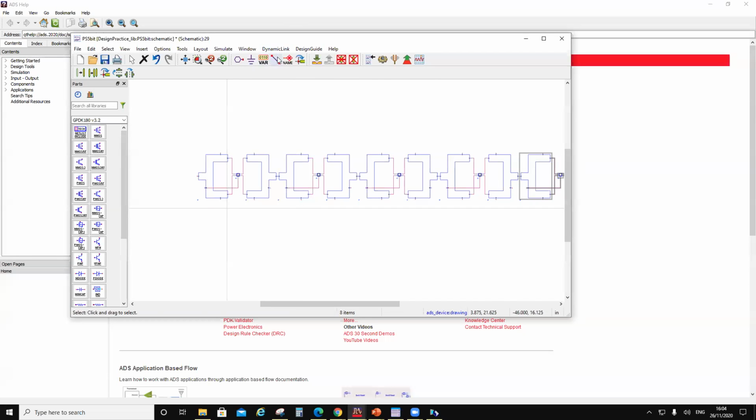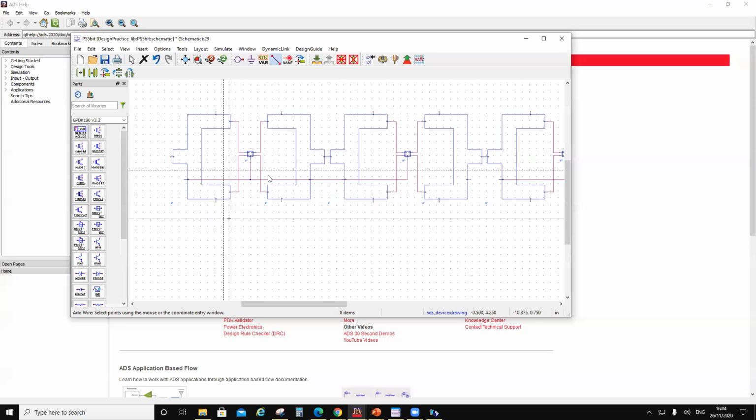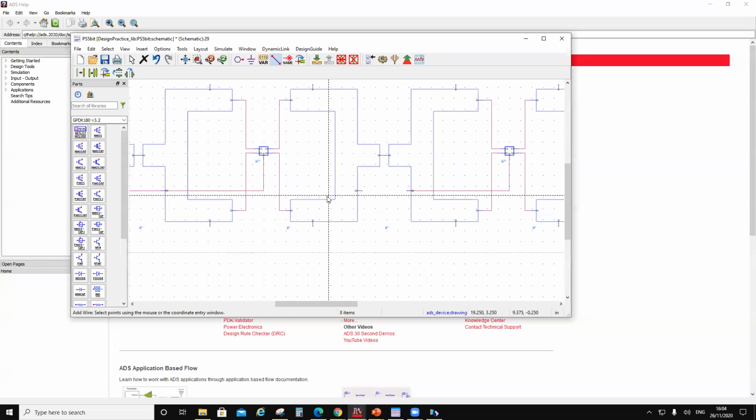Now all the grounds I'll connect. So this I will connect to this ground. So this and this ground are connected, and this is connected. So all the grounds are shorted out, right? So all these grounds I'm going to short out.